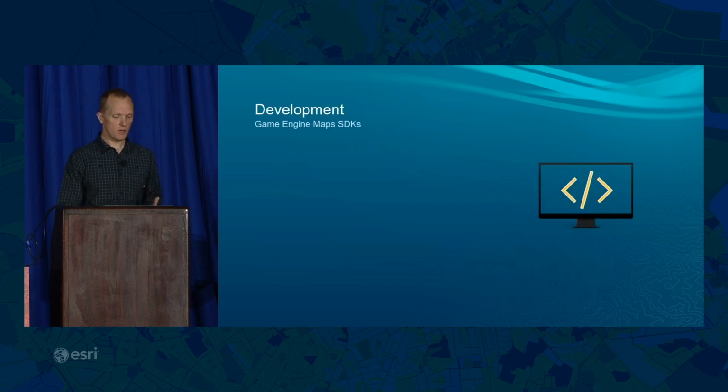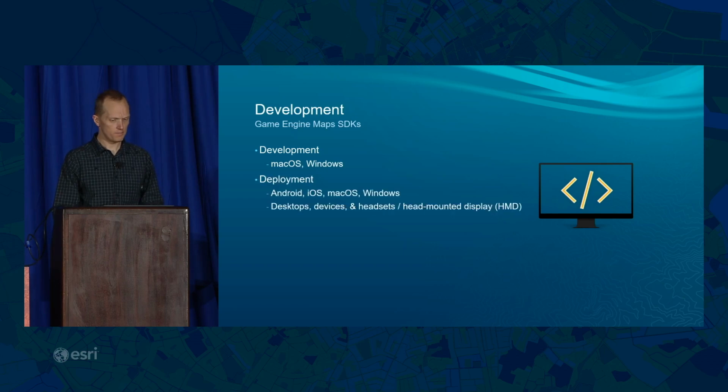When you're a developer working with the SDK, you can develop on macOS or Windows, whether you're using our Maps SDK for Unity or for Unreal Engine. When it comes to deployment, we support deployment on Android, iOS, macOS, and Windows. So both Unity and Unreal Engine do also support Linux. We currently don't support deploying applications to Linux, but it is under consideration.